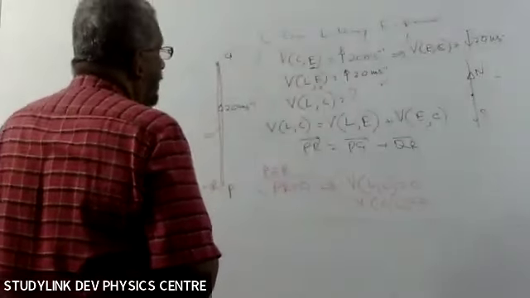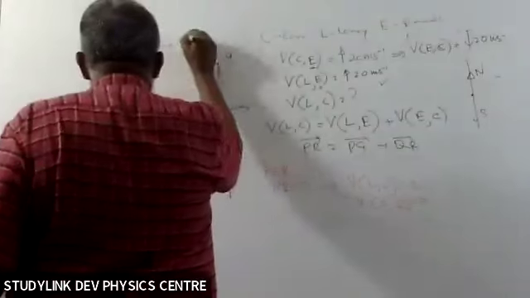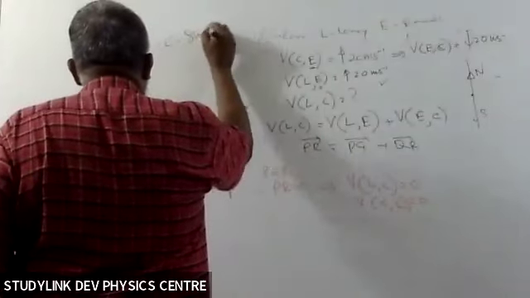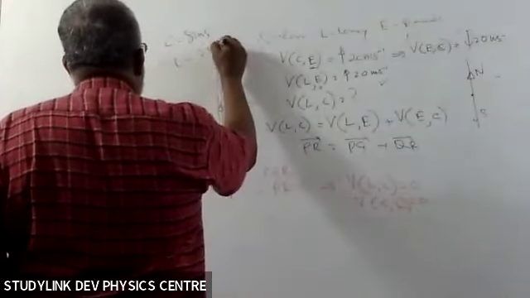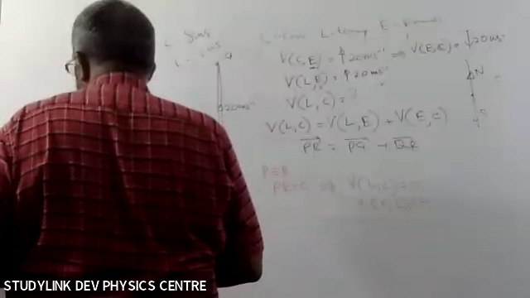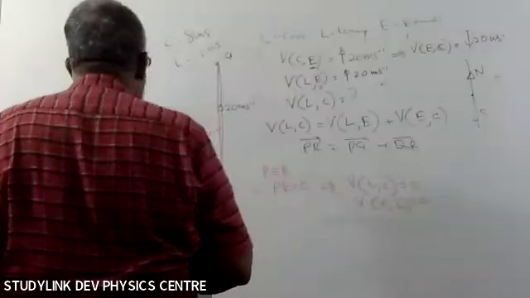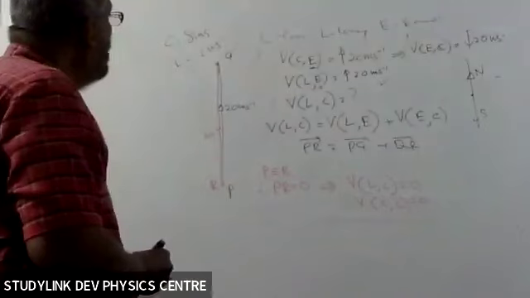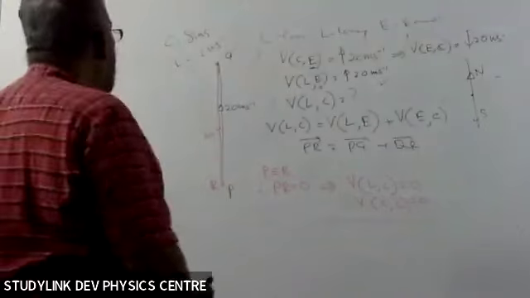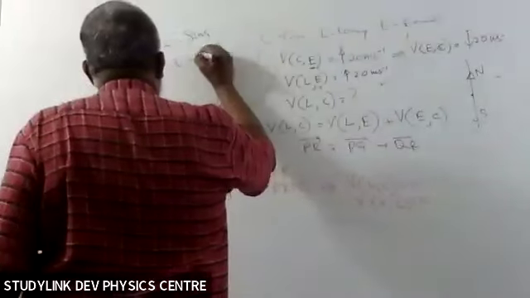Car 8 ms minus 1. Lorry 2 ms minus 1. No, we'll make it lorry 12 ms minus 1.